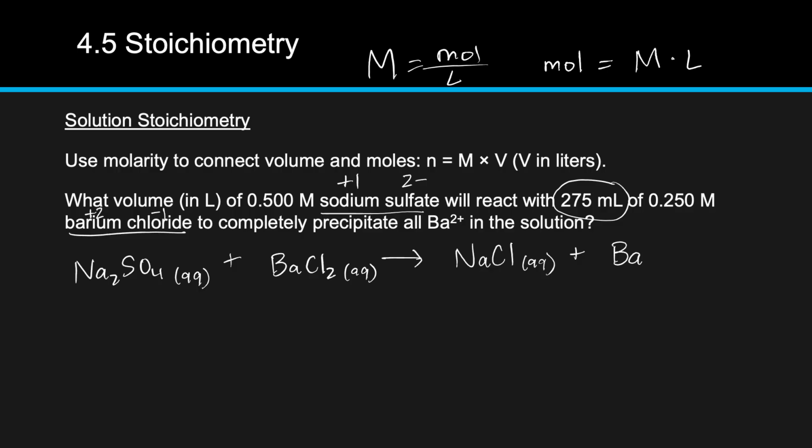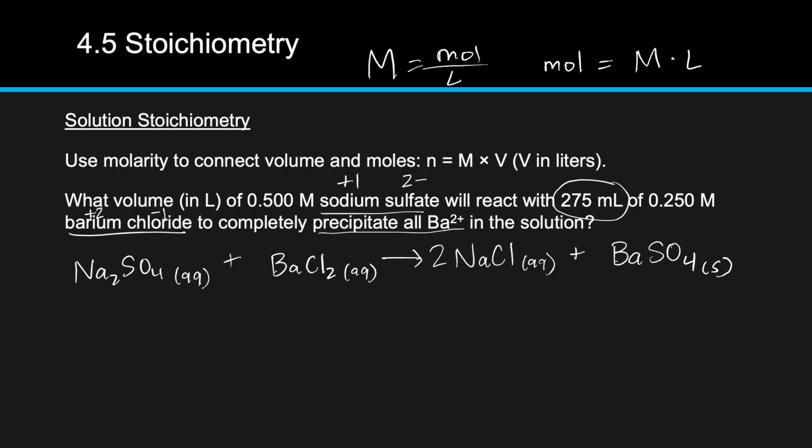Barium is +2, sulfate is -2, so it's just one of each. And we already know that our precipitate is the one with barium in it, so it's going to be our solid. All right, so now we need to balance this chemical equation, and by putting a 2 in front of NaCl, everything is balanced. How wonderful is that?